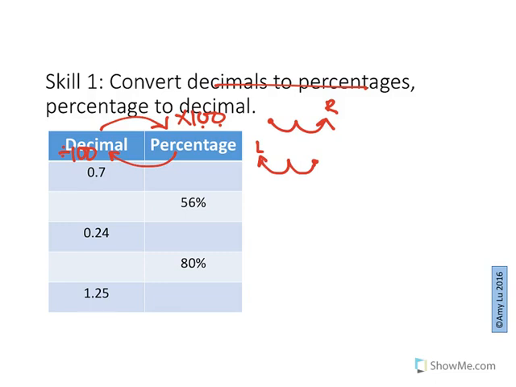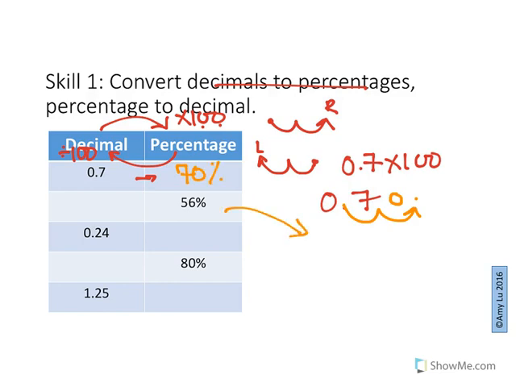So in the first example, we're converting this decimal into a percentage. So 0.7 times 100. Basically, this means take this decimal and move it over 2 spots to the right and fill it in with a 0 so that we fill in any missing gaps, which just makes 70%.